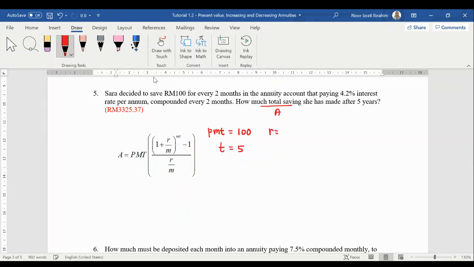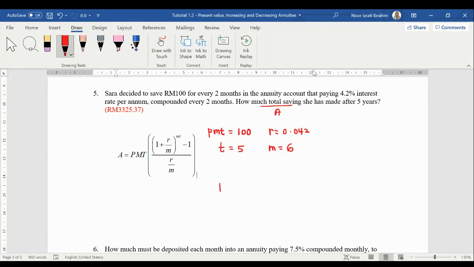R, the interest rate per annum, is 4.2%, 0.042. M, compounded every 2 months. So in 1 year, there are 6 periods of every 2 months, right? 6 times 2 is 12. So M equals 6 now.